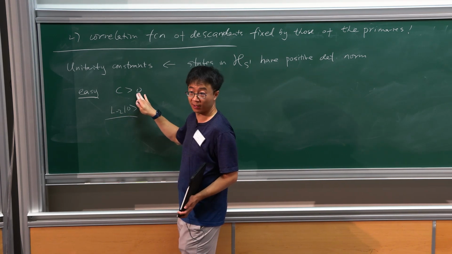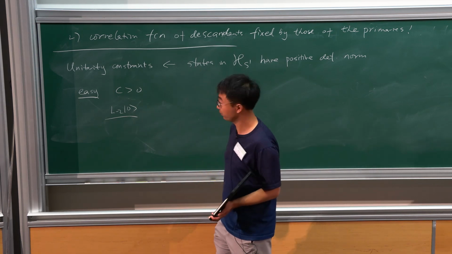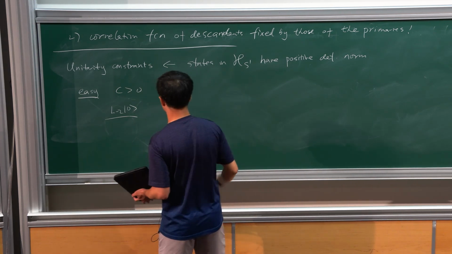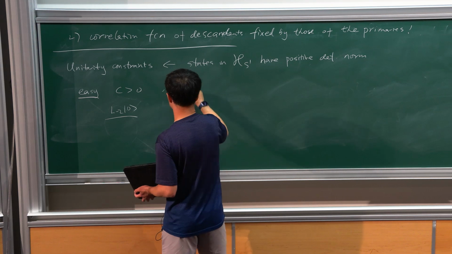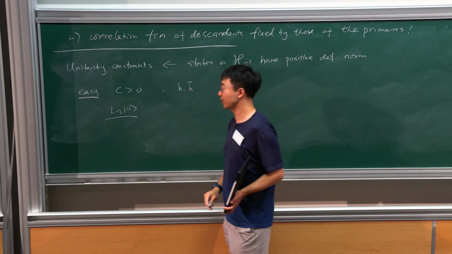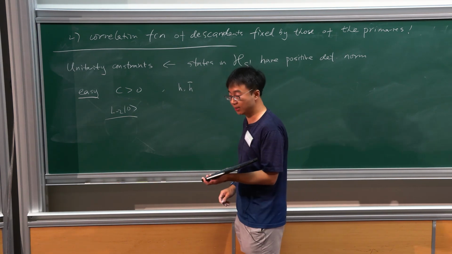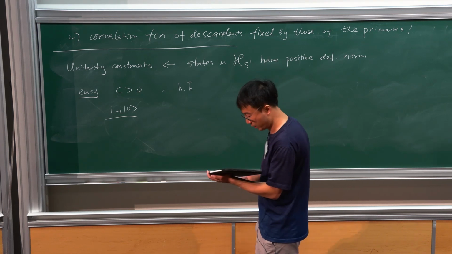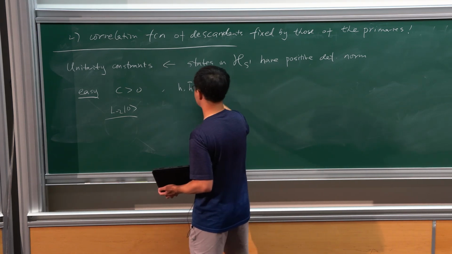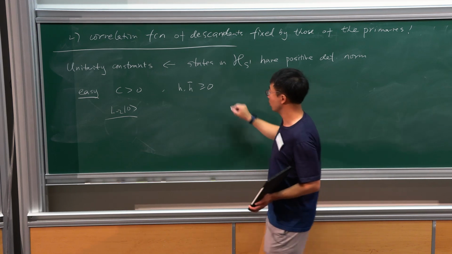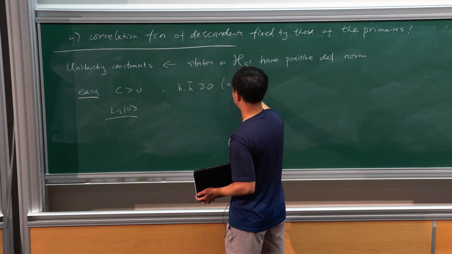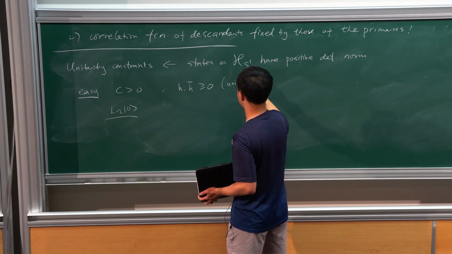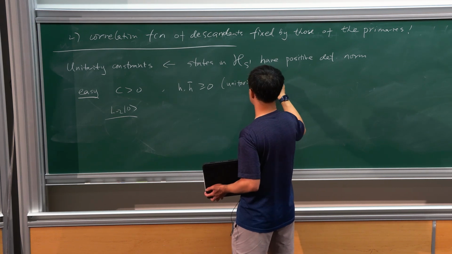And similarly, you can also show that h and h bar, namely the left and right conformal weights, which determine the dimension and spin of the corresponding operator, are also bounded from below by 0. Okay, these are known as the usual unitarity bounds. There are two-dimensional versions of the usual unitarity bounds in higher dimensions.